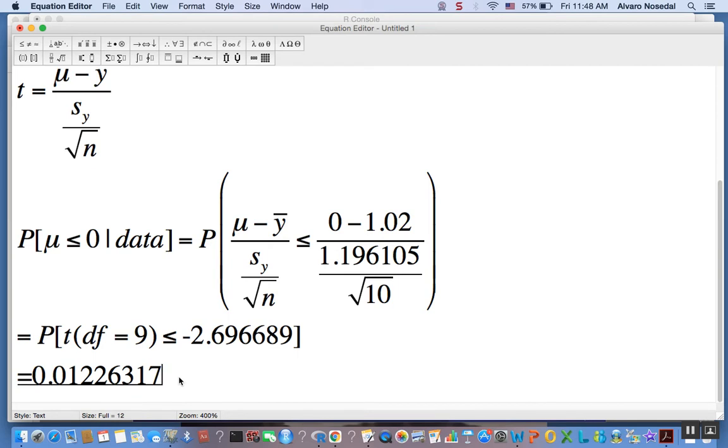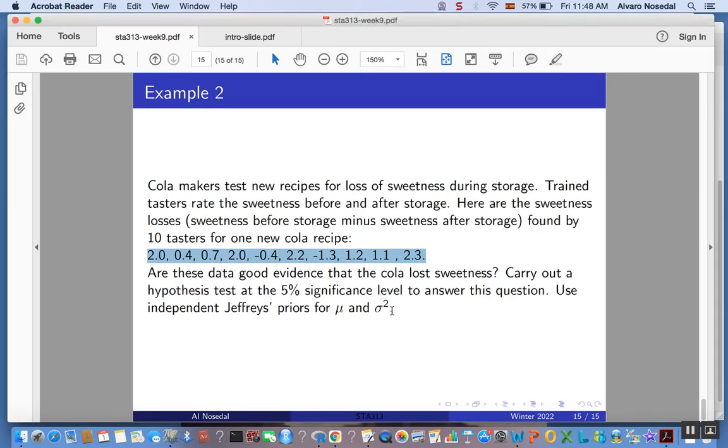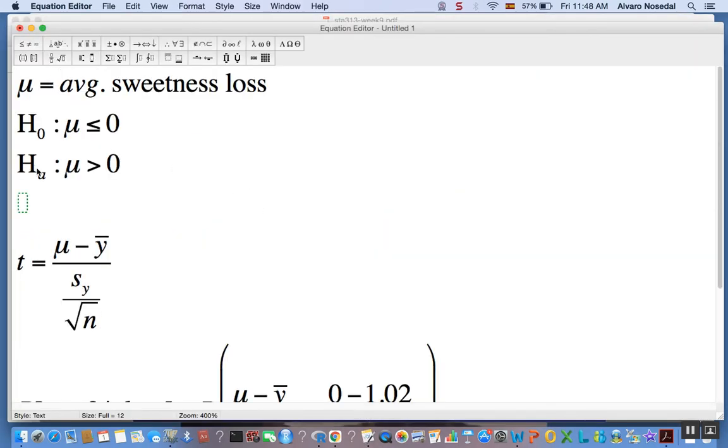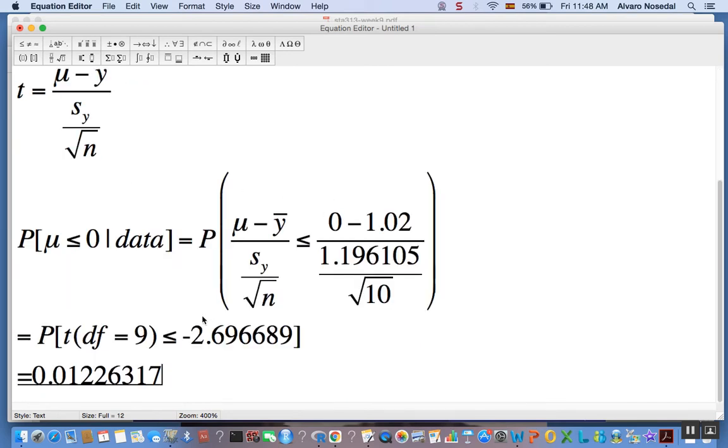Clearly, the alternative is more likely. It makes more sense that there's a positive sweetness loss. Remember that the posterior probability for the alternative is going to be the complement of that, so 98 point something%.